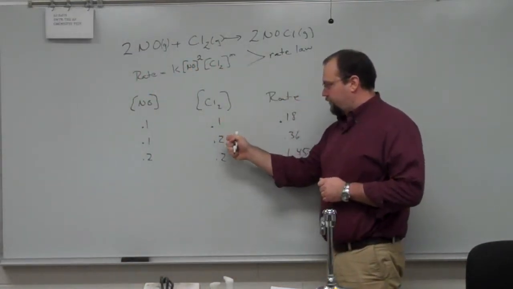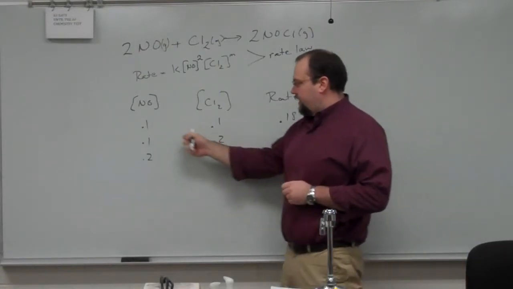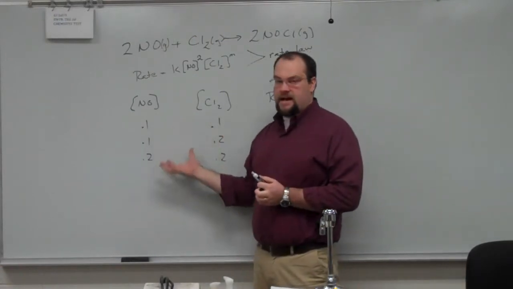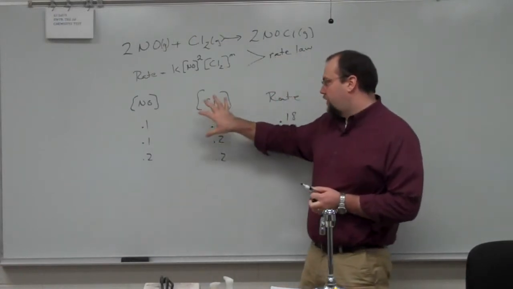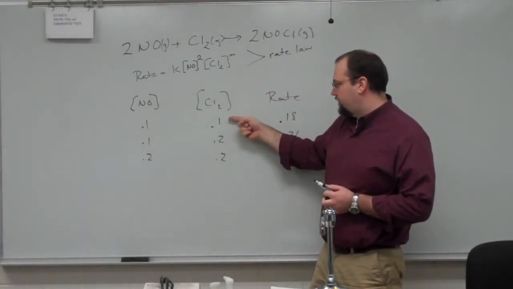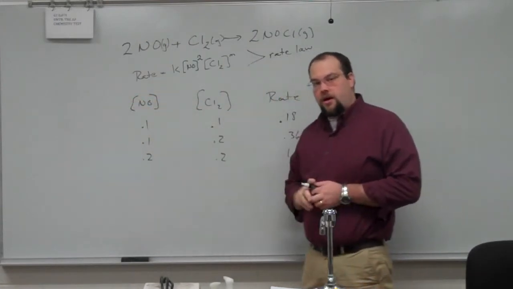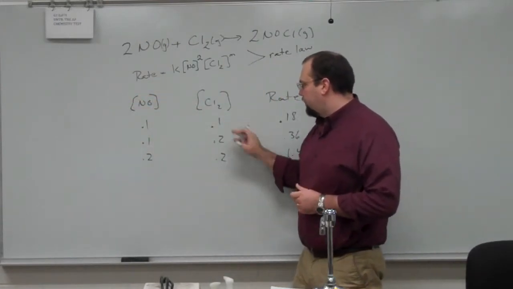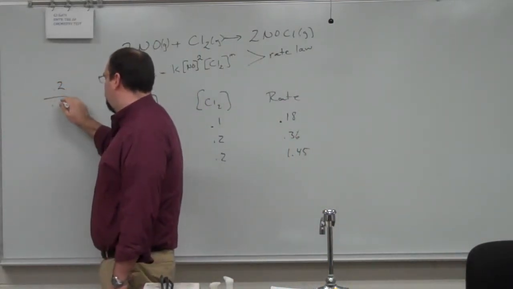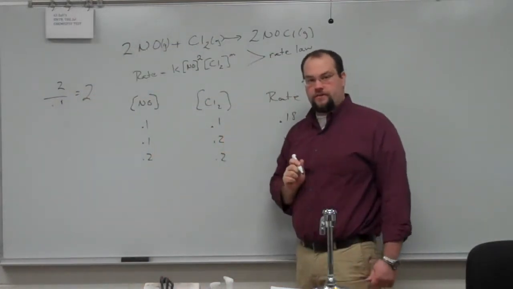So we're looking for a trial where the Cl2 concentration doubles but the NO concentration remains constant, because remember, when we do this, one has to stay constant. We can only look at one thing at a time. Between trials 1 and 2, Cl2 doubles but NO stays the same, so NO is not affecting our results. The concentration of Cl2 goes from 0.1 to 0.2, that's a doubling of my concentration.